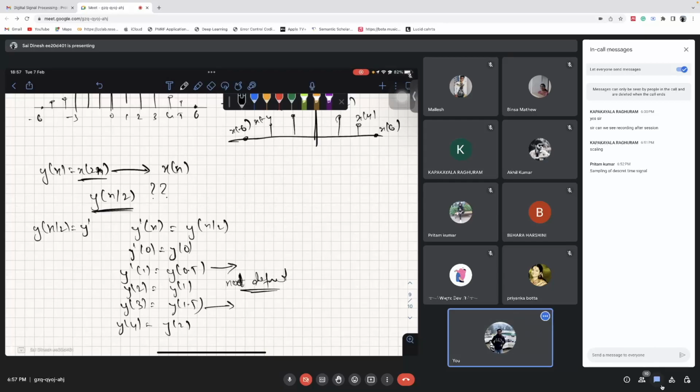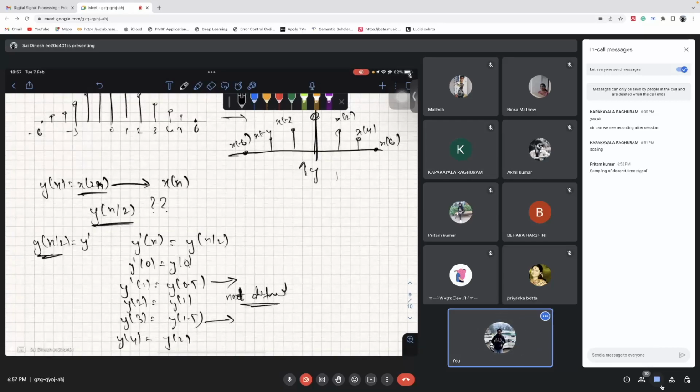So how do you write this? So y of n by 2, if you take, so if this is the y of n, what is y dash of n is equal to y of n by 2. So what is y of 0? Y dash of 0 is y of 0, which is this one. What is y dash of 1? Not defined at all. And what is y dash of 2?